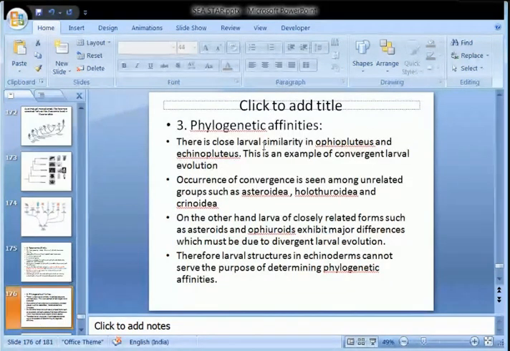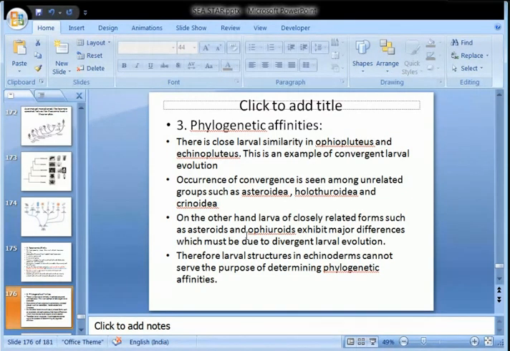So there is close larval similarity in Ophiopluteus and Echinopluteus. This is an example of convergent larval evolution. Convergence is seen among unrelated groups such as Asteroidea, Holothuroidea, and Crinoidea. So there is convergence here as well as here.